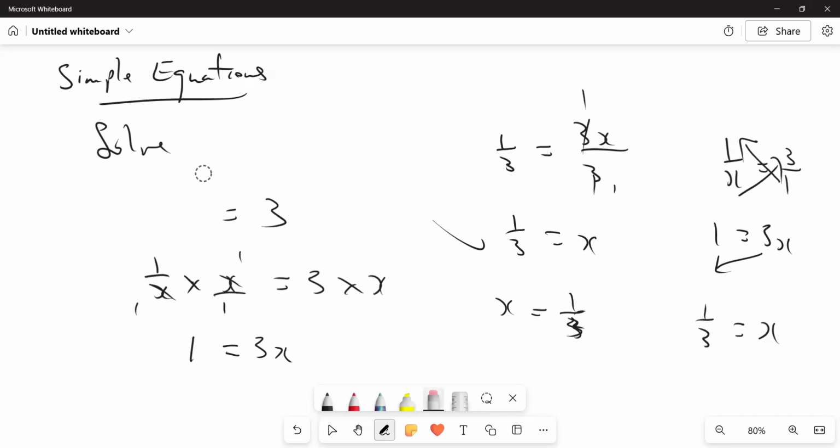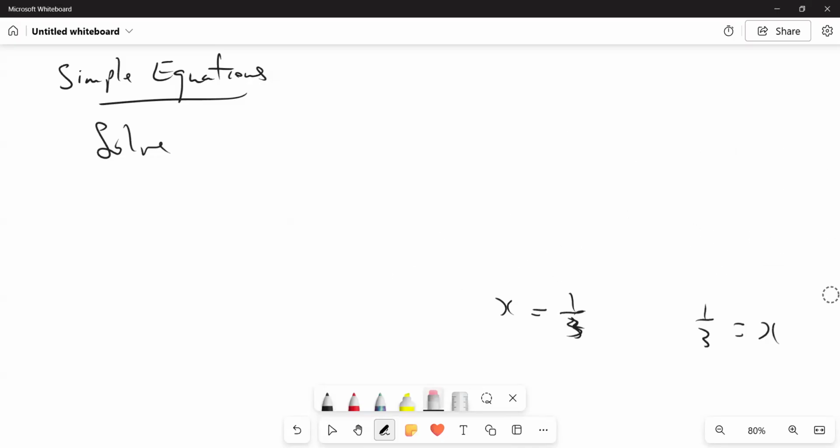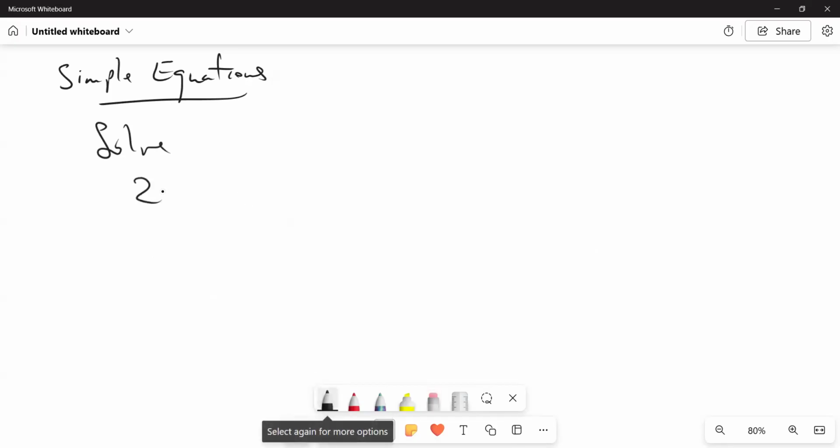Good. So let's mix it up now. Let's say you have something like this: 2x plus 1 equal x minus 4.